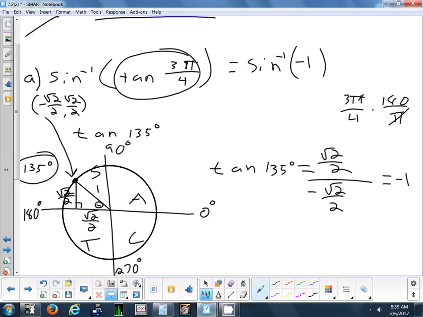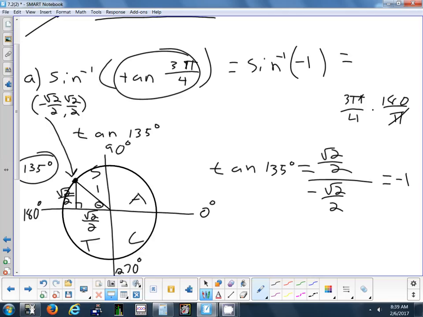Okay, we got a negative 1, and we definitely should get a negative when we're dealing with tangent in quadrant 2. And we did. All right, so any questions on how we got negative 1? Okay, so you have to use inverse, use unit circle trig, or just memorize your 30, 60, 90, 45, 45, 90 triangles again.